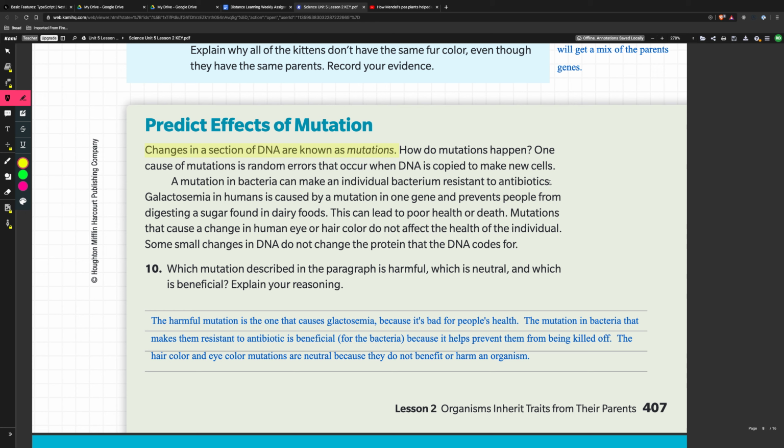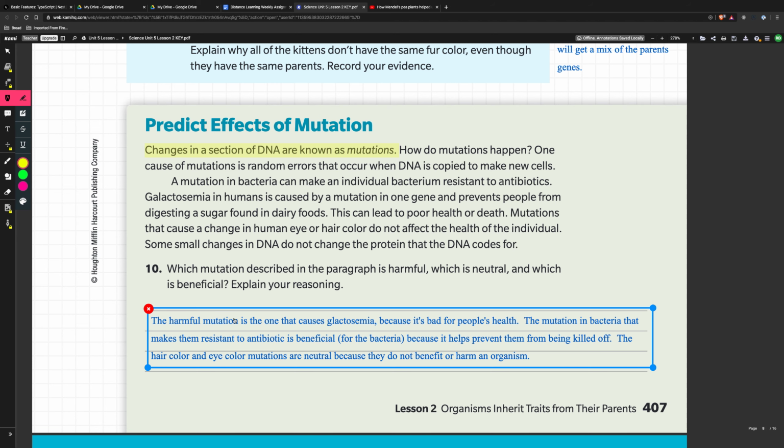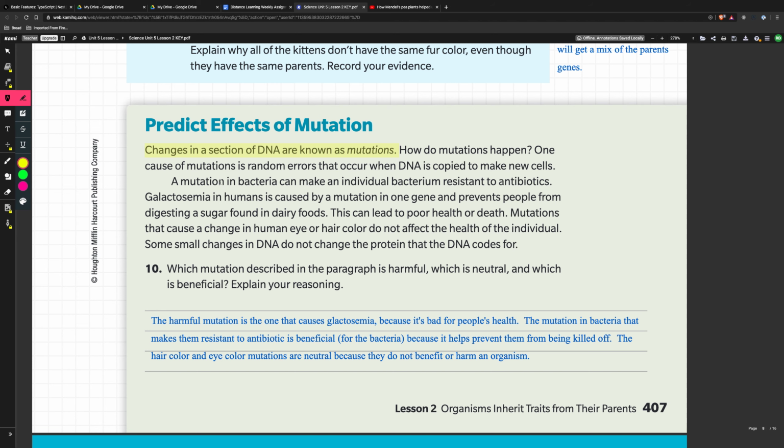Right now there's lots of bacteria that are immune to some of the most basic antibiotics that we use. Like if you get strep throat, sometimes you might have to go back and get a different antibiotic because the bacteria has a mutation that allows it to not be killed off by that antibiotic. So that would be the beneficial one, because it's beneficial for the bacteria because the bacteria can live.